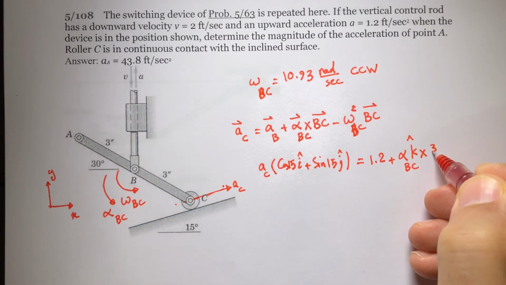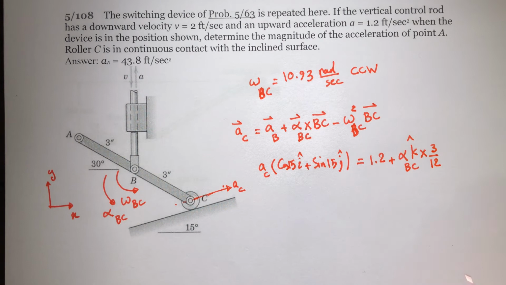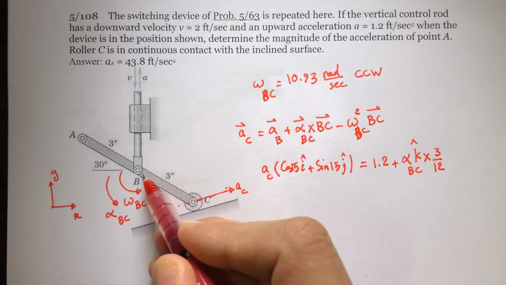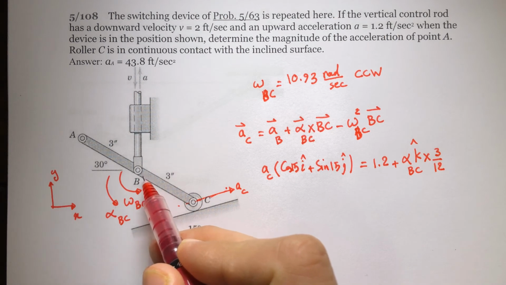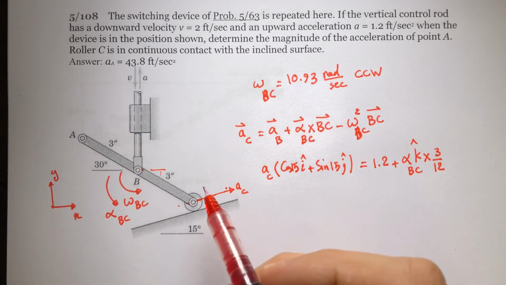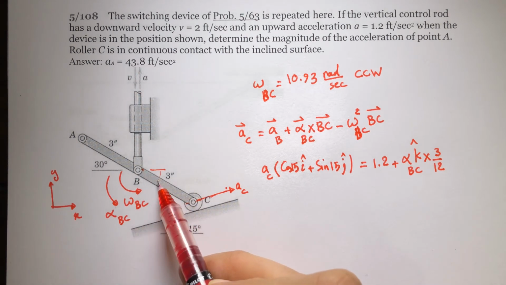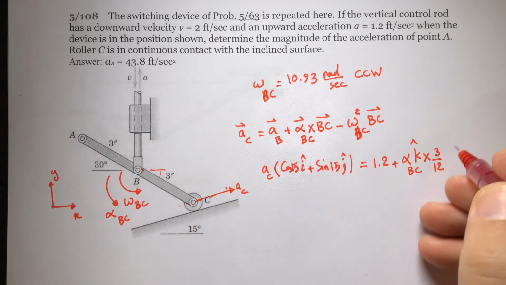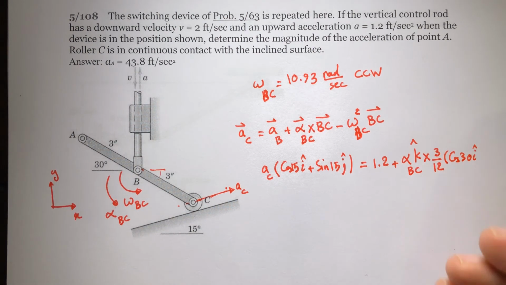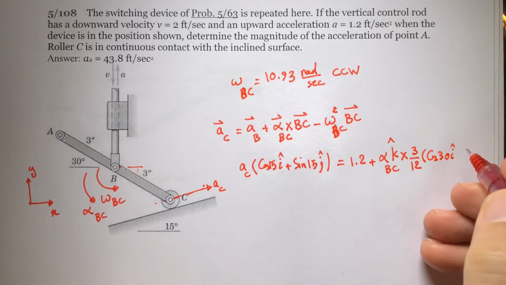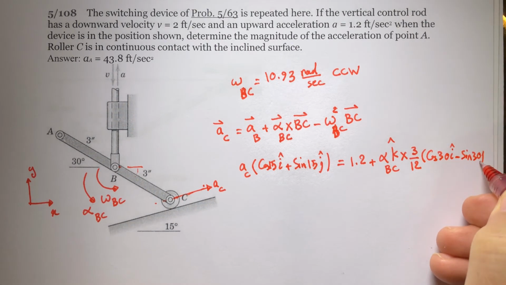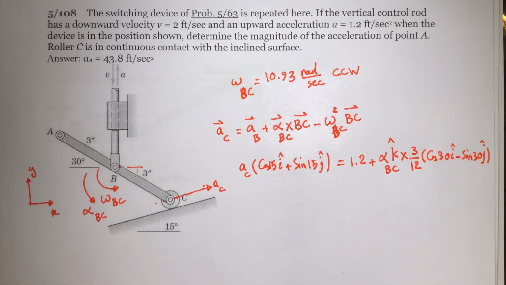So 3 divided by 12 foot times the unit vector in this direction, and this angle is 30 degrees. So the unit vector in this direction is going to be cosine of 30 in the i direction minus sine of 30 in the j direction.